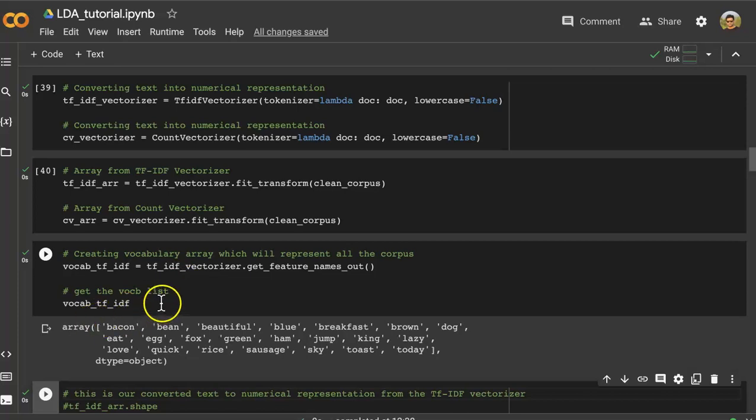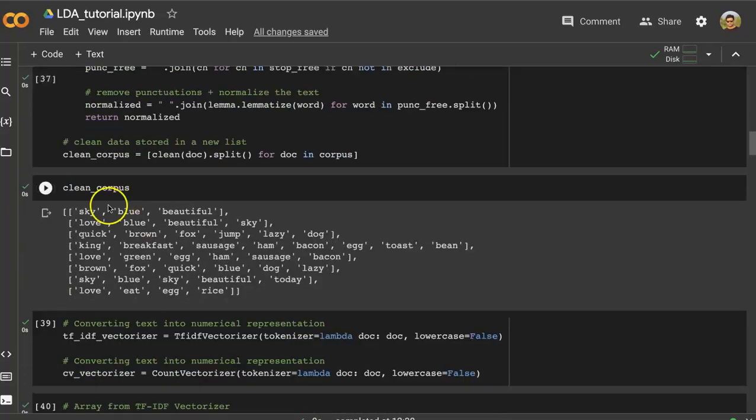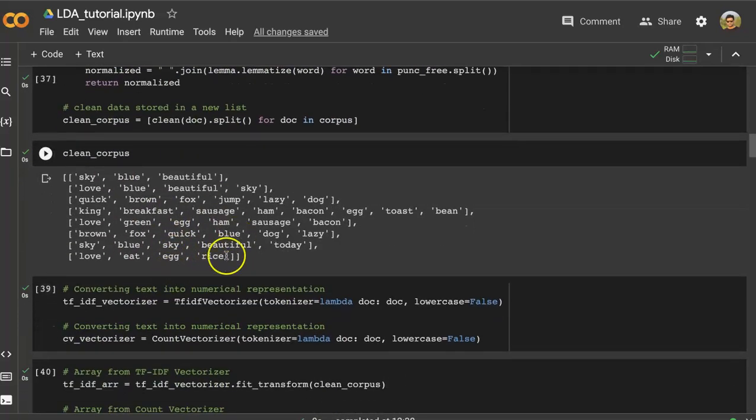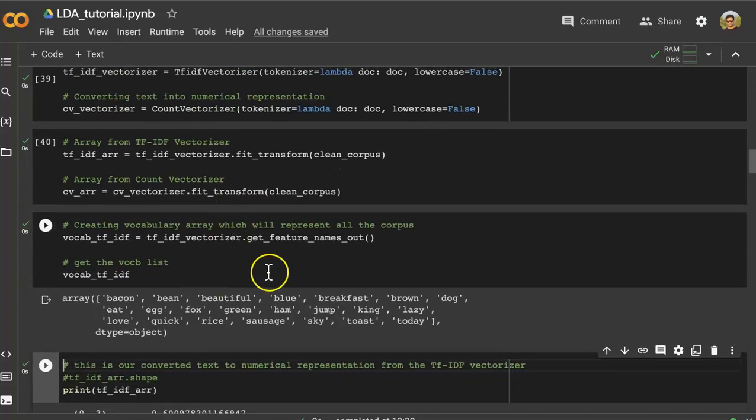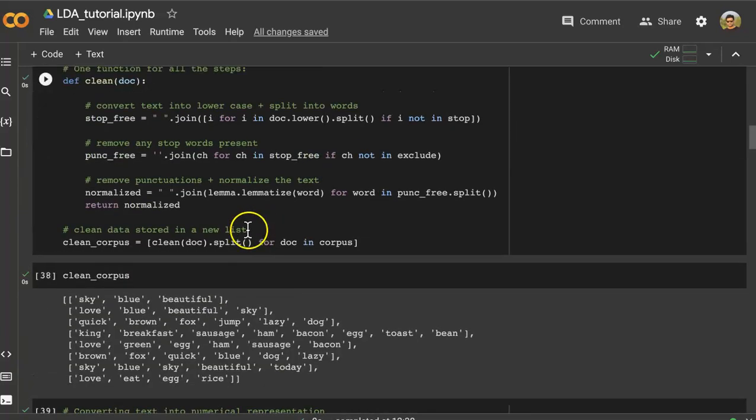And what is the dimension of the vector? It is how many total distinct words there are. In this case, in our documents, maybe there are 22 distinct words. We can also limit this, but for now there are only 22 words. So each of these sentences will now be represented by a 22 size vector.